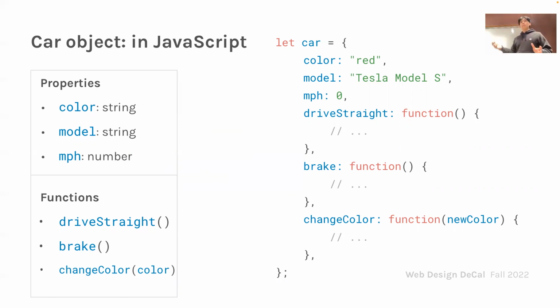Within these curly braces, we can do the properties with the name of the property, colon, the value. And for functions, we have the name of the function, colon, the function declaration. Inside the function declaration is how you would write a normal function that we've seen in the past. And to separate all these properties and functions, we just use commas.